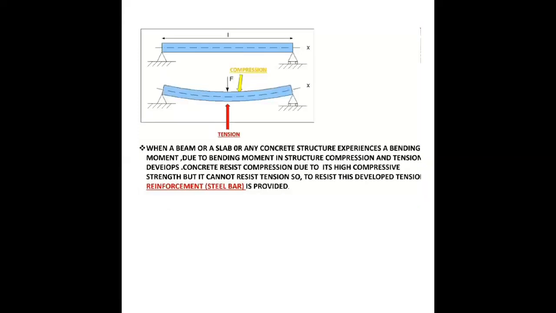You see compression and tension: when a beam or a slab or any concrete structure experiences bending moments, compression and tension develop. Concrete resists compression due to its high compressive strength, but it cannot resist tension. So to resist these developed tensions, a reinforcement system is provided.